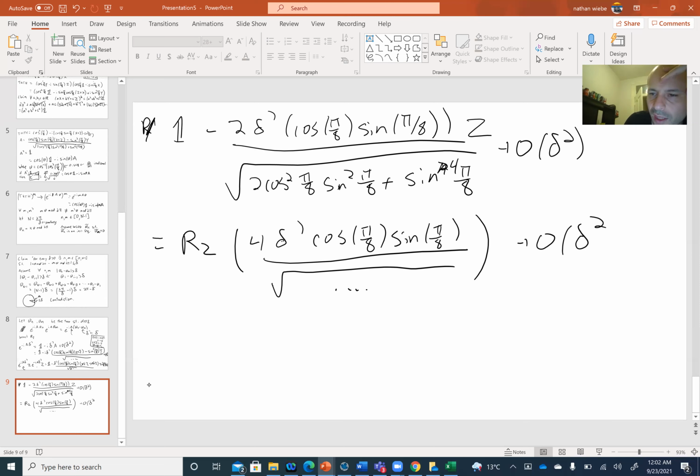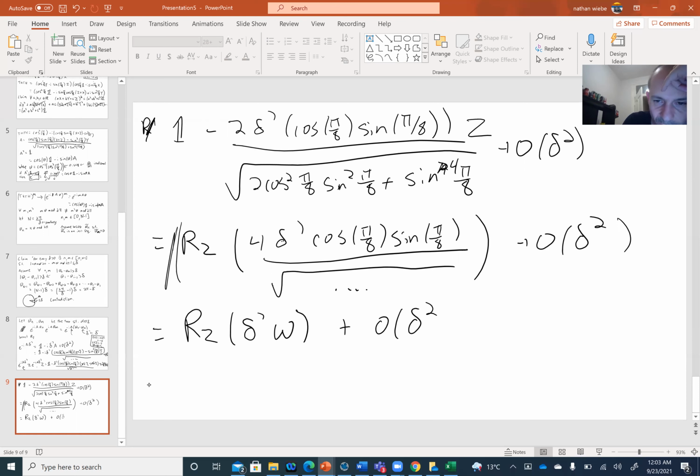So now if we want to use this rotation to end up generating a large rotation, what we can do is repeat this. A simpler way for me to express this is as RZ of delta prime omega plus order delta squared.